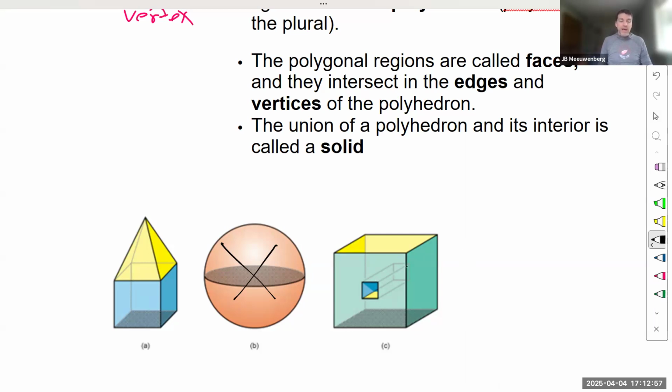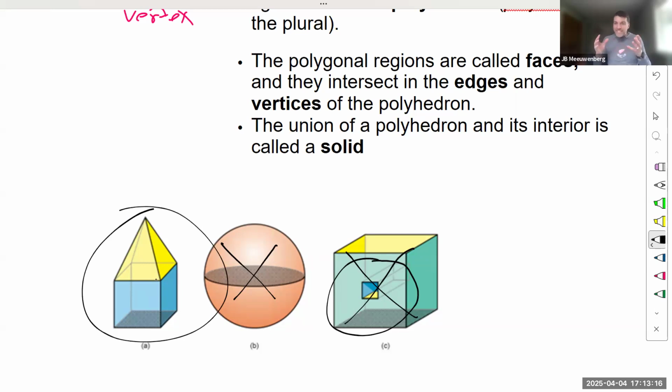On the right-hand side, this part C is also not a polyhedron because it has faces that are not polygons. Remember, these have to be simple closed curves. That's not a simple closed curve, and so that also is not a polyhedron. But part A is. All of its faces are flat polygons. It's made up of squares and triangles.